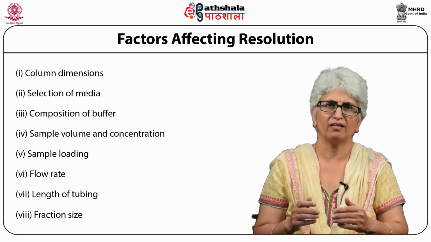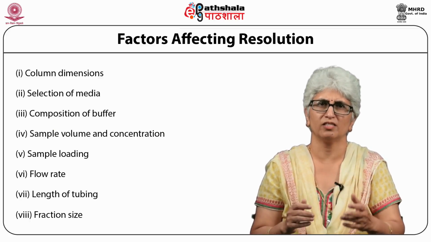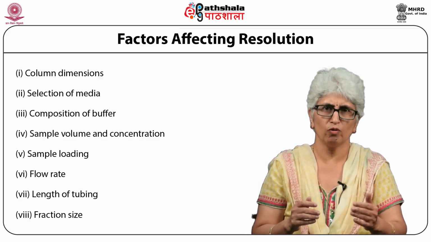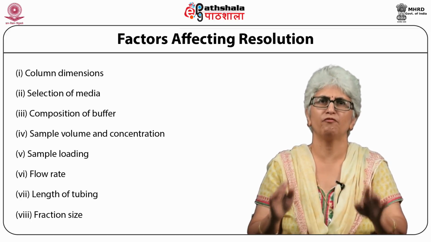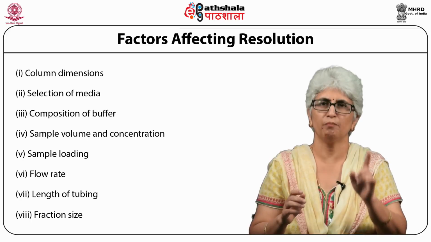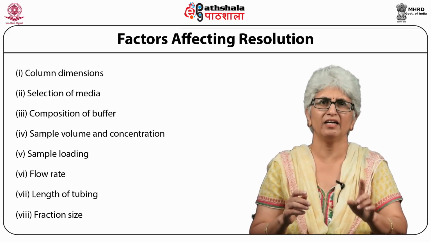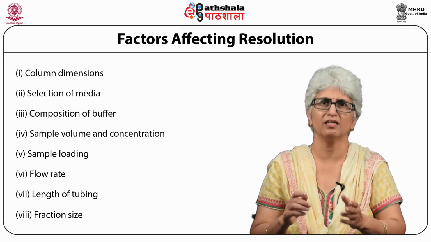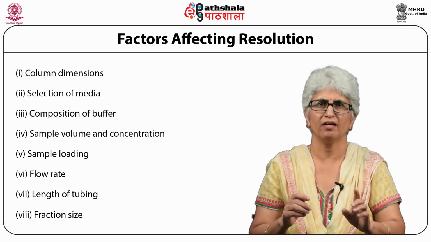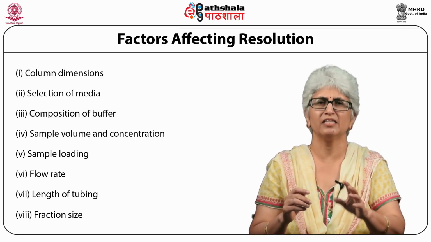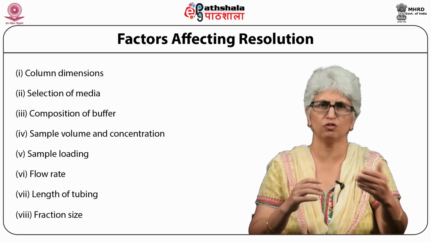Another important factor is sample volume and concentration. Prior to loading, the sample should be filtered. It should be clear and free of debris. If the sample is not clear and contains large size impurities, they can block the column. The sample may be prepared in another buffer since the sample buffer is exchanged during the separation.